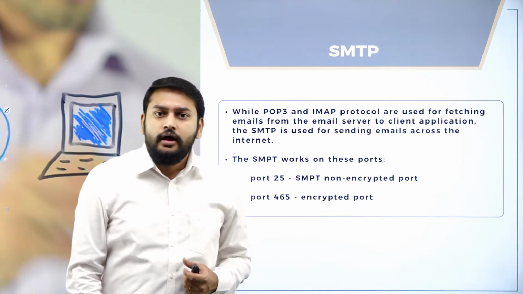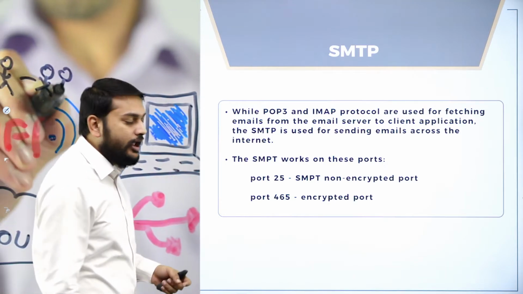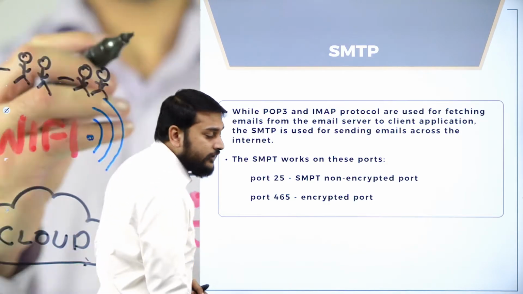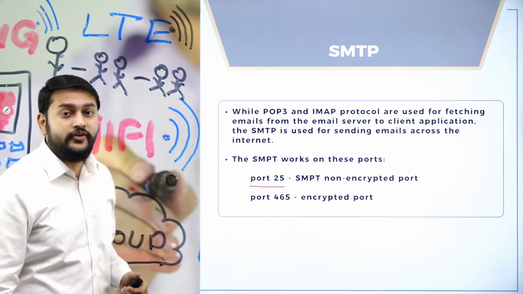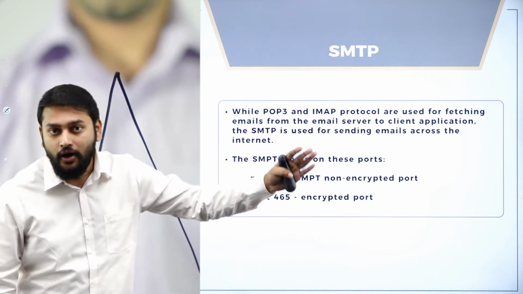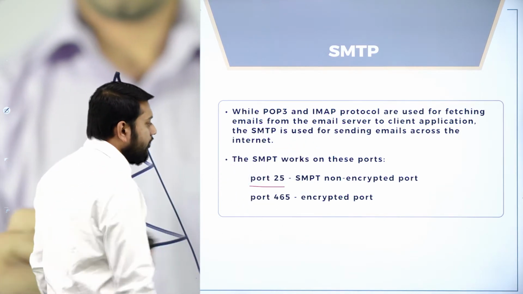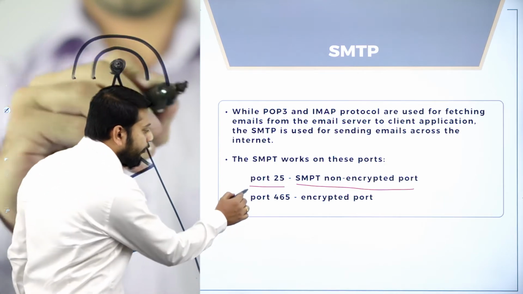If I want to send mail, I will basically be using protocols like SMTP. If I want to send non-encrypted data, I will be using port 25. Basically, SMTP is responsible for sending mail. If I want to send on a non-encrypted port, I will use port 25.